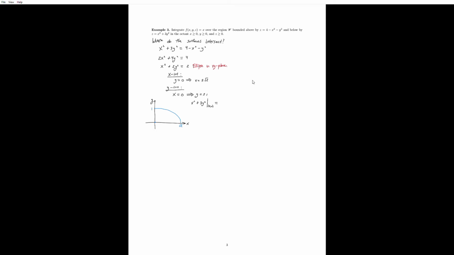That's going to give us 0. And clearly, 0 is less than what we get when we take 4 minus x squared minus y squared and plug in the origin, because we get 4. 4 is definitely greater than 0.